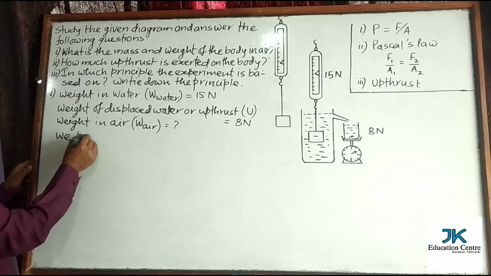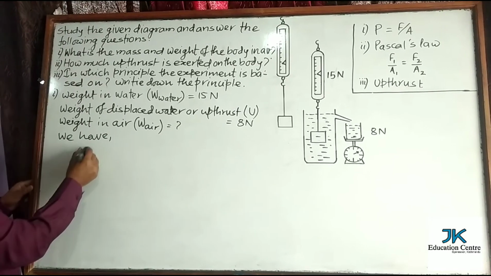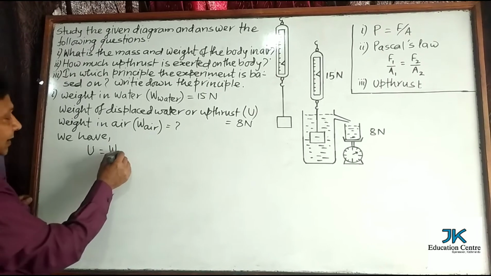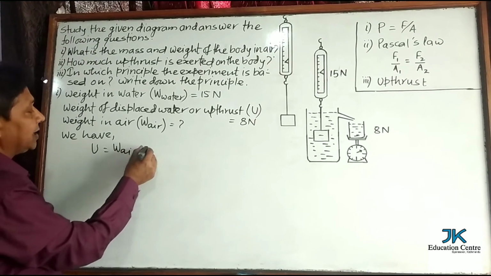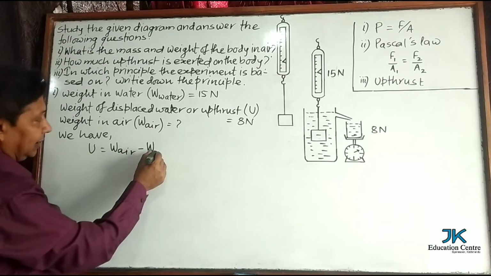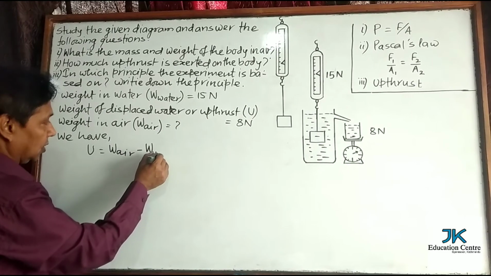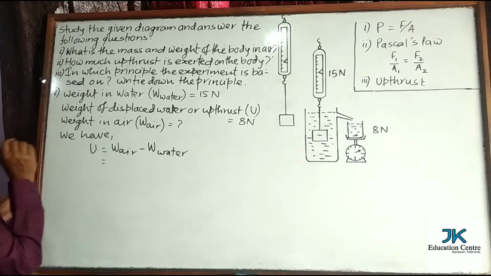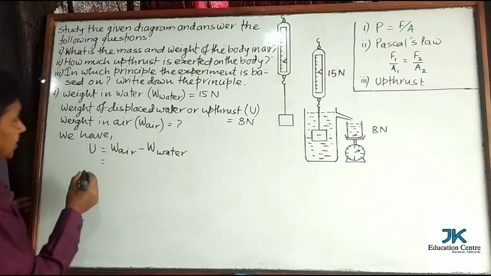We have upthrust equal to weight of the body in air minus weight of the body in liquid. This liquid is water. That's why we can write, the weight of the body in air is not given.